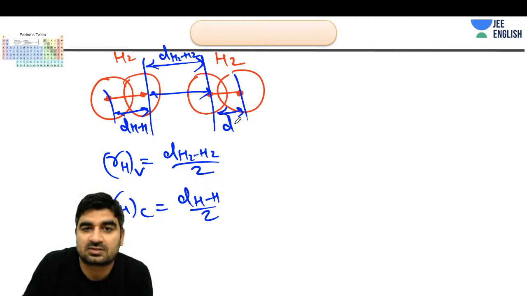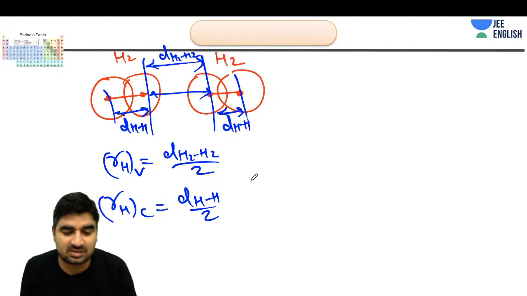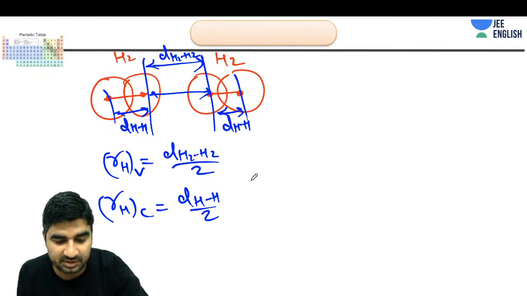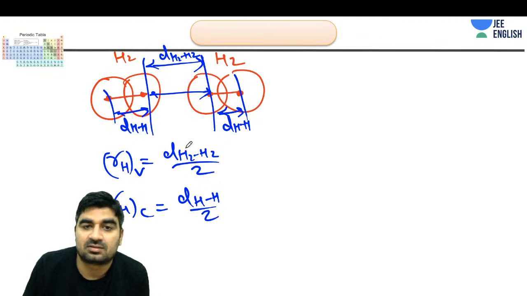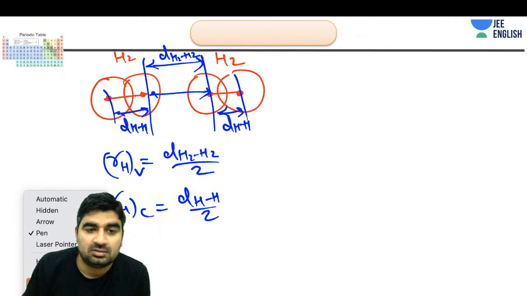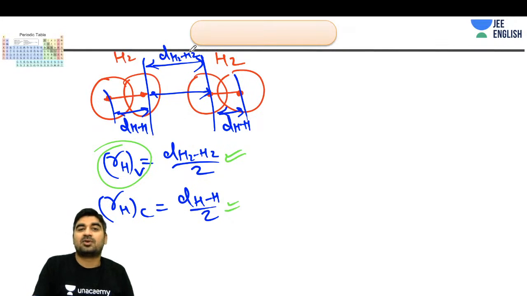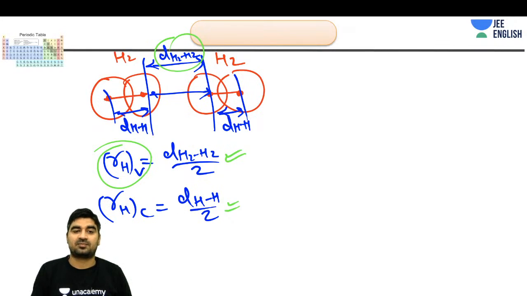So guys, obviously which radii will be larger? Can you tell me? Which radii will be larger here? In this case, the van der Waals will be larger because we are measuring a different thing.